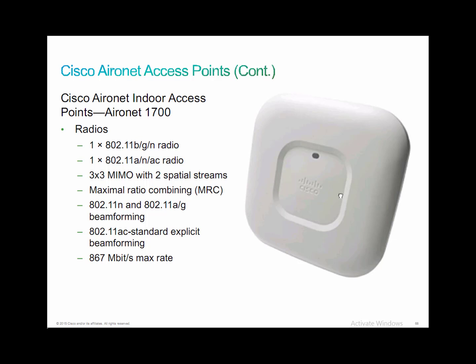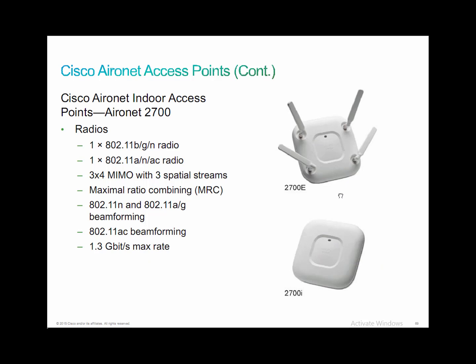Then you move into the 2700 series, 2.4 and 5 gigahertz, 3x4 MIMO with 3 spatial streams, 20 and 40 megahertz and 80 megahertz, but data rates in this case up to 1.3 gigabits per second.